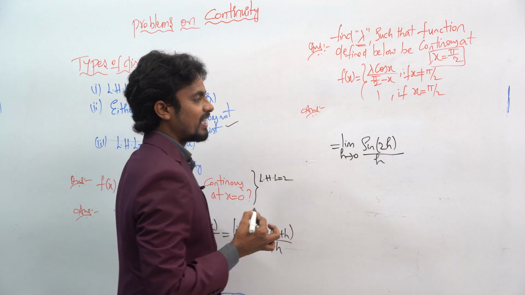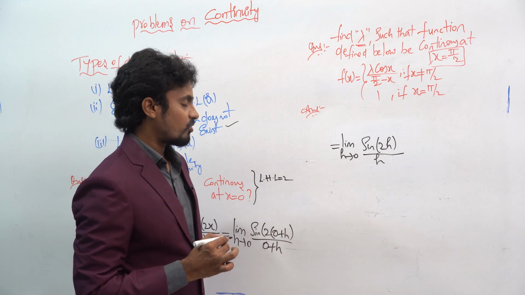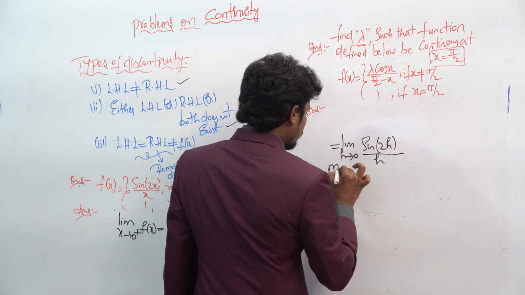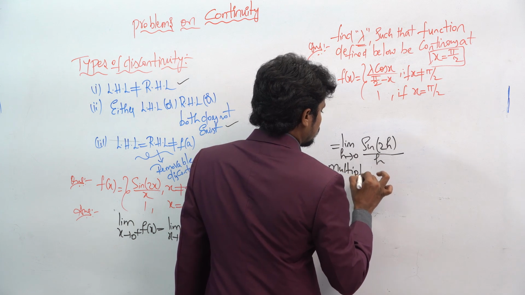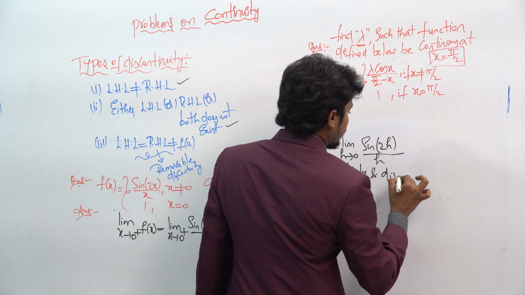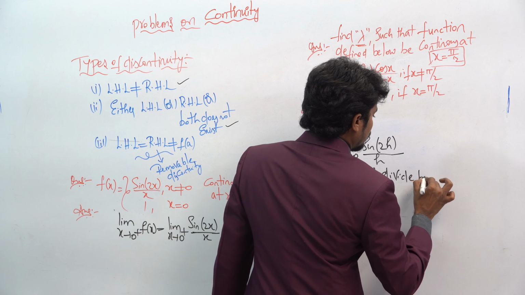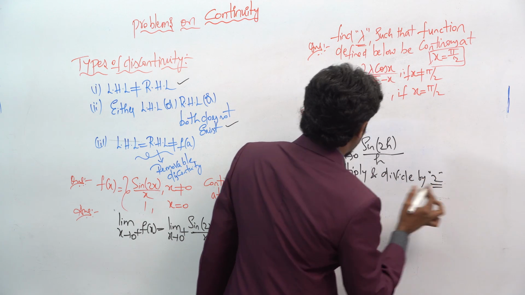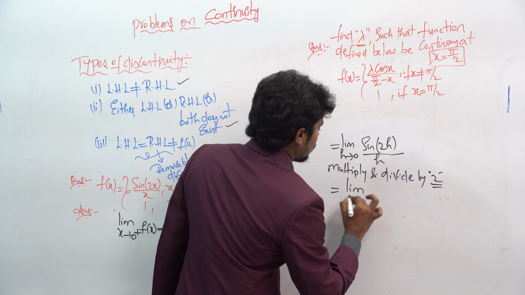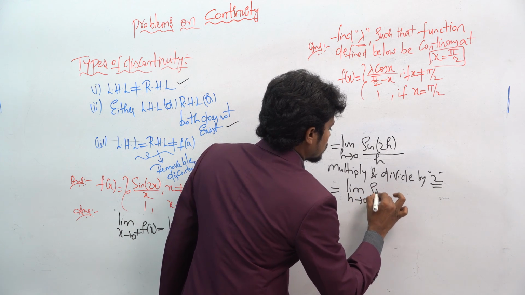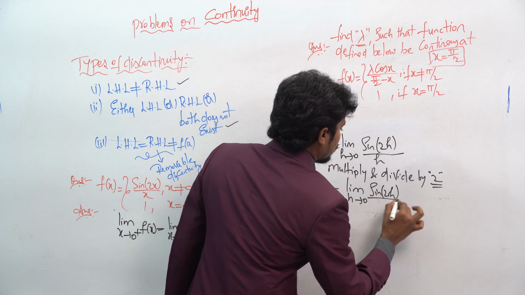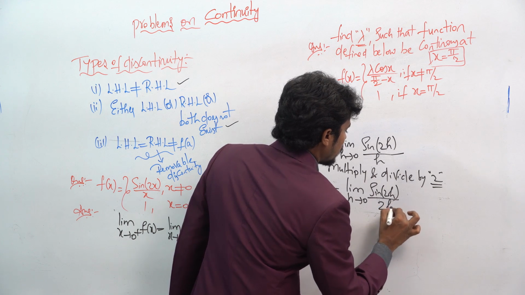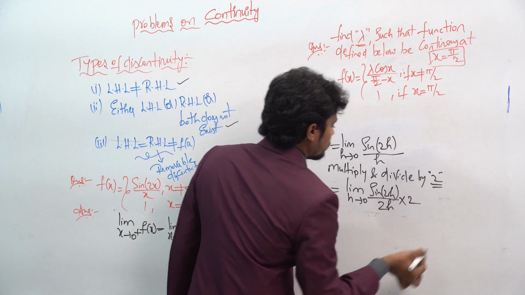Here also, multiply and divide by 2. So this is the limit h tends to 0 of sin 2h divided by 2h into 2.